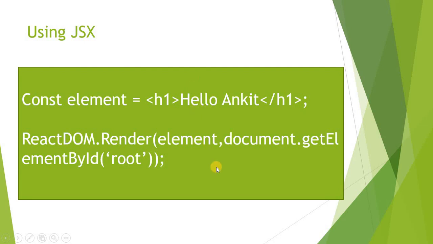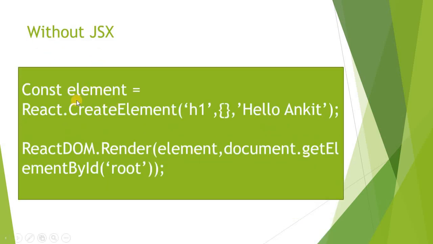So this is the JSX code. Whenever you compile your code using the Babel or TypeScript compiler, it converts your code into the equivalent JavaScript, that is React.createElement, in which the first parameter is the element which you want to display, the second parameter is the props or properties which you want to send to the particular element, and the third parameter is the children, which can be nested elements.